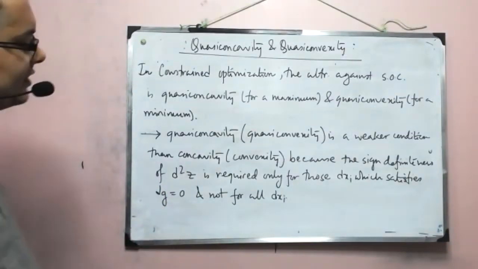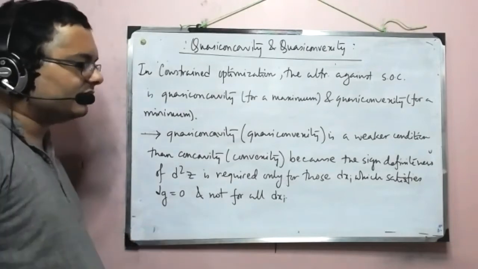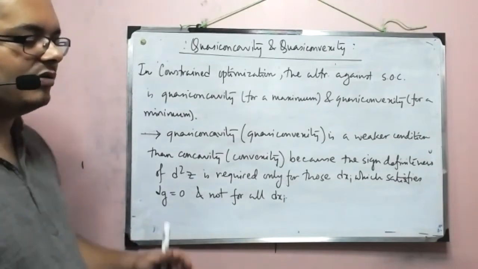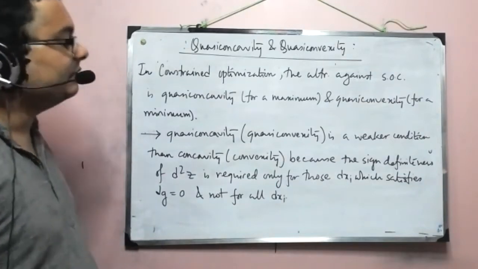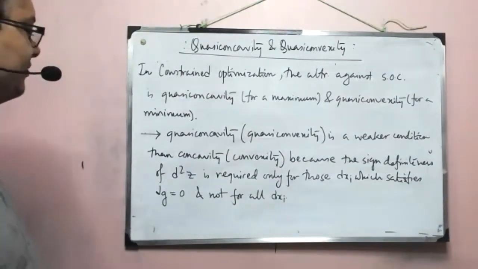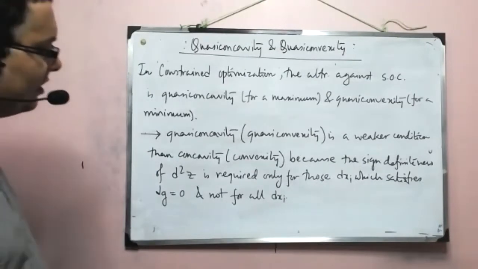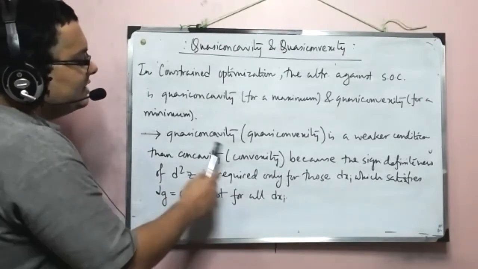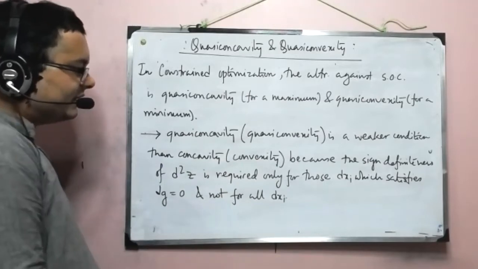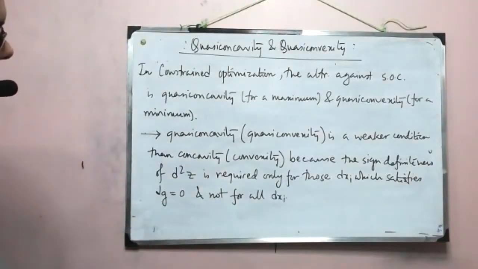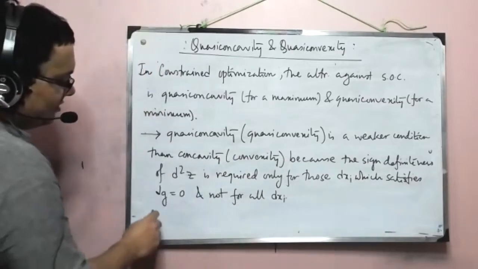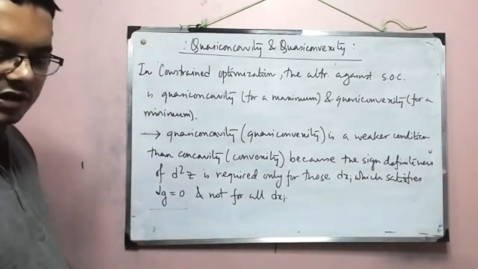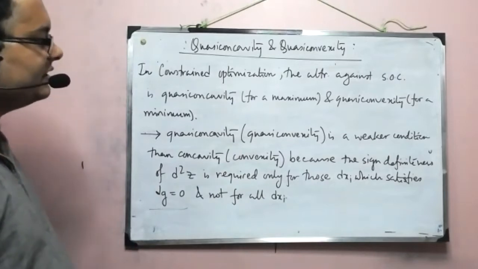Obviously, that means we are ignoring what is happening to the function beyond that point. Beyond that point, the function can have any other shape, and because of this, quasi-concavity or quasi-convexity becomes a weaker condition, and the space is restricted by the dg equal to 0 condition.